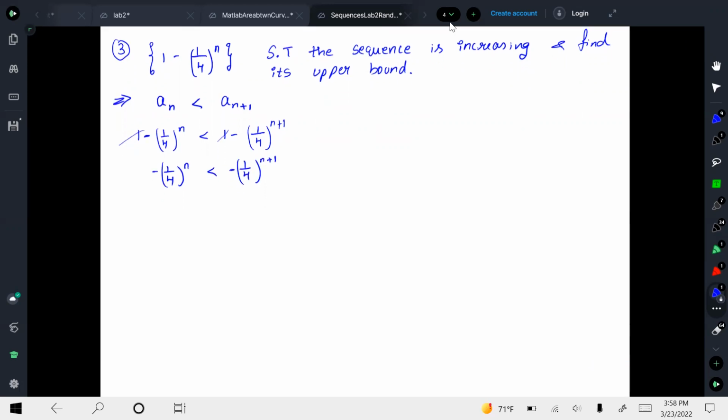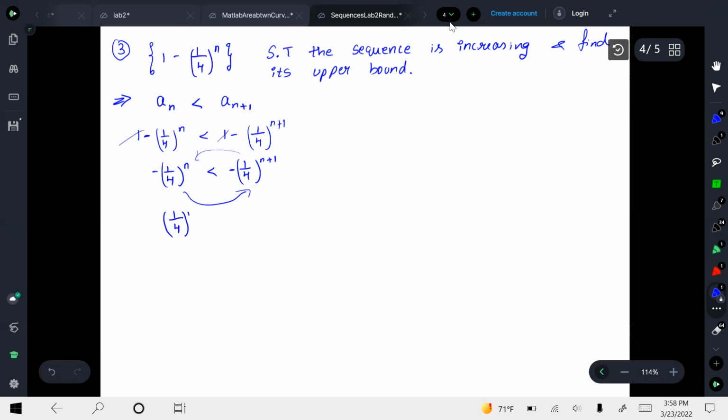Now you can interchange this to make it positive. So we get 1 by 4 to the power of n plus 1 less than 1 by 4 to the power of n.